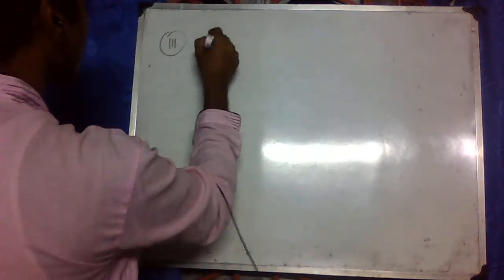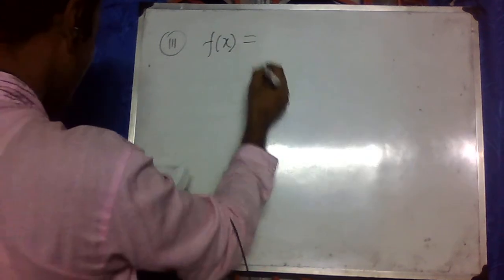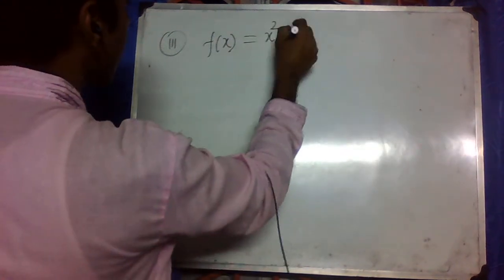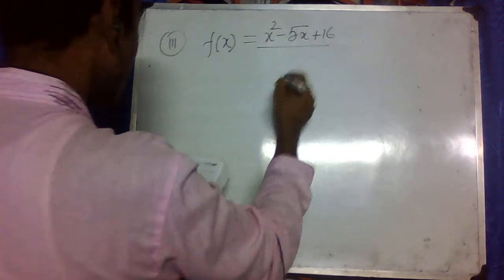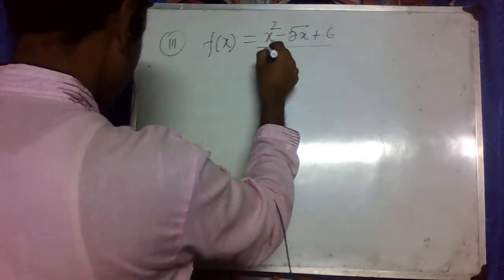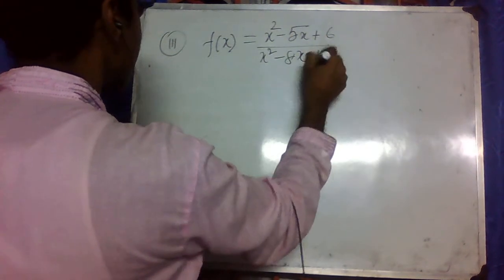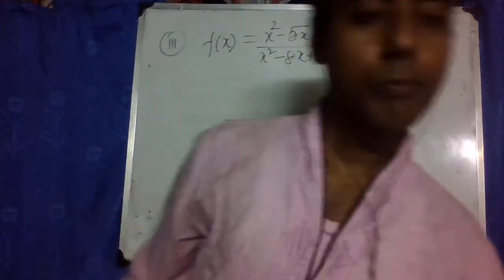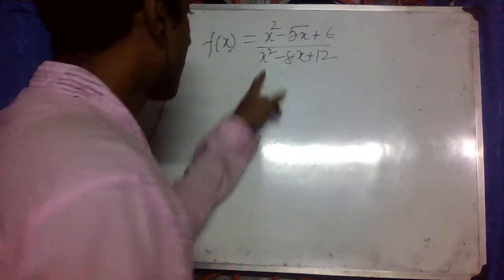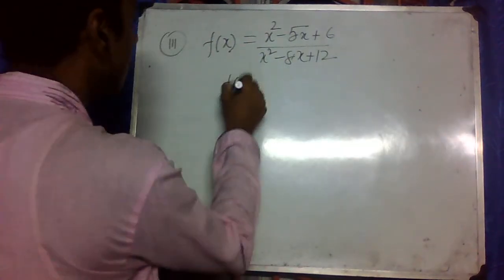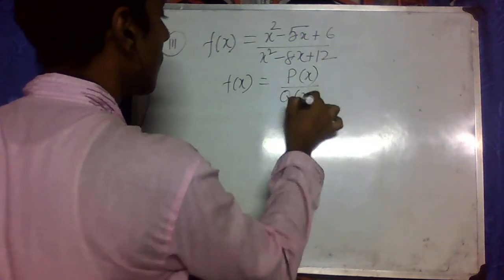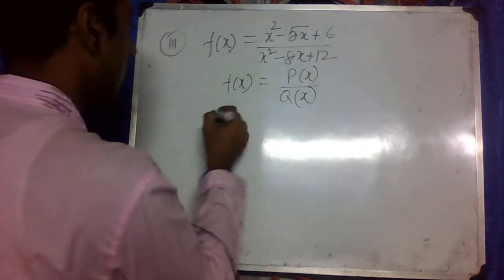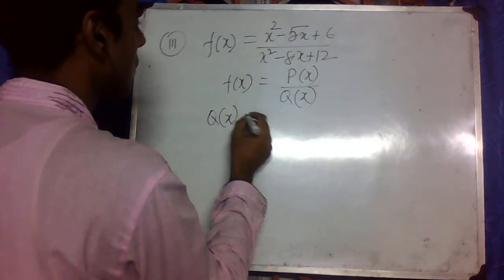Problem number 3. f(x) equal to (x square plus 5x plus 6) by (x square minus 2x). This is of the form p(x) by q(x).